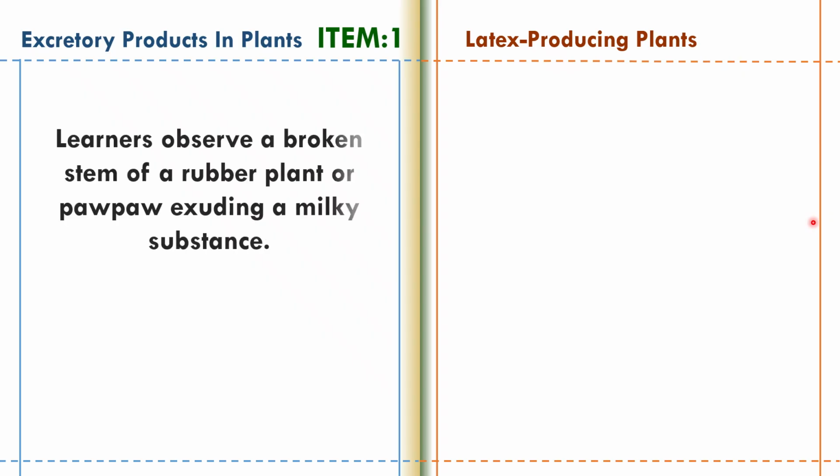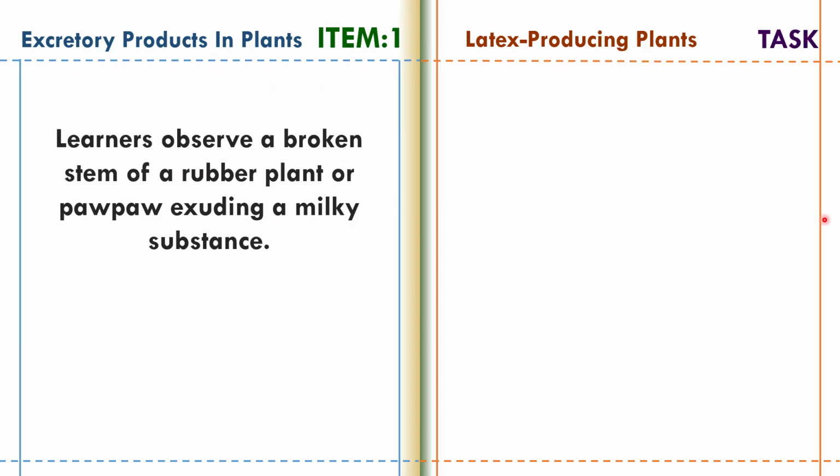Excretory products in plants. Item 1. Latex-producing plants. Learners observe a broken stem of a rubber plant or a pawpaw exuding a milky substance.